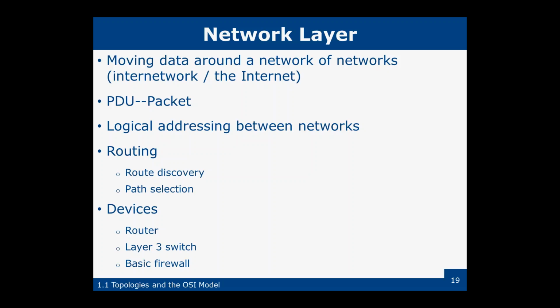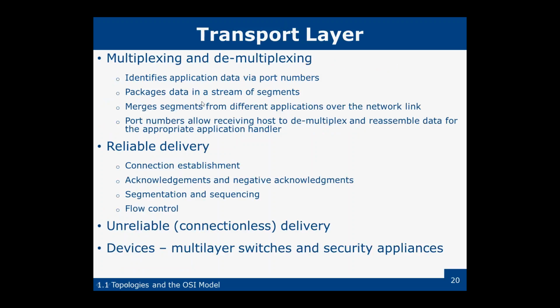What a layer 3 switch, to me, in basic terms, is a router that works in hardware. A router is a device that works in software. So anything that works in hardware is going to be a little bit quicker than something that works in software.